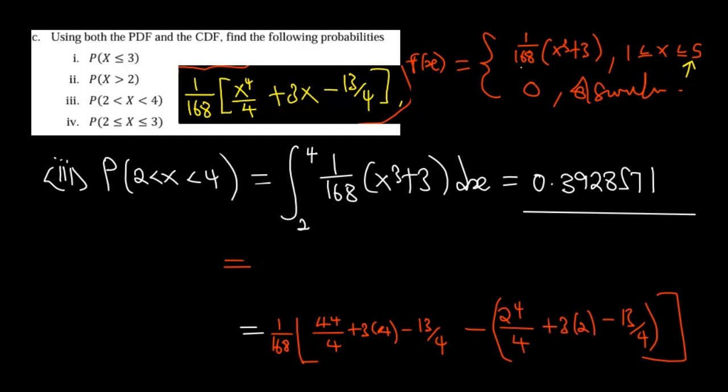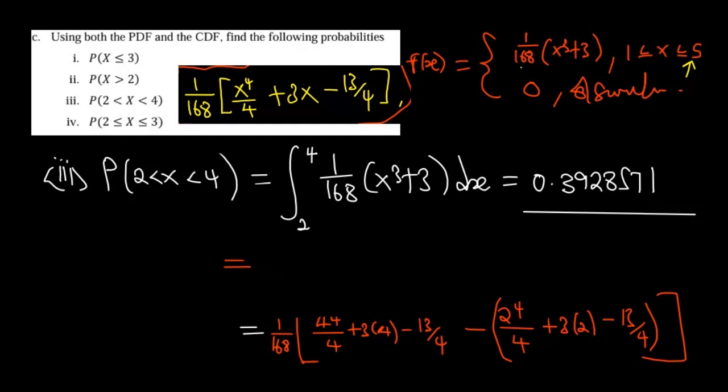Let me punch this onto the calculator: 4 to the power 4 divided by 4 plus 3 multiplied by 4 minus 13 divided by 4. And then I multiply by the 1 over 168 here.